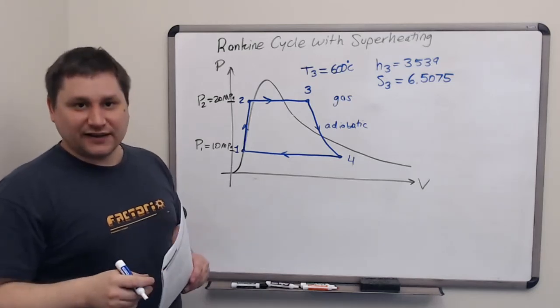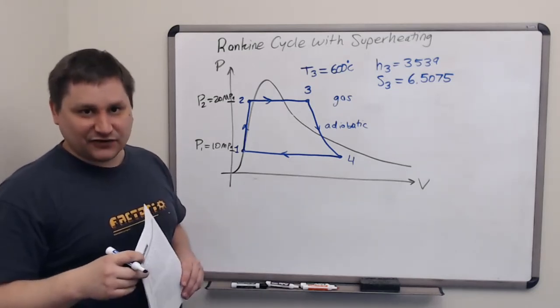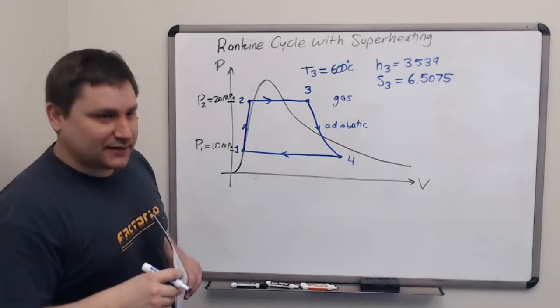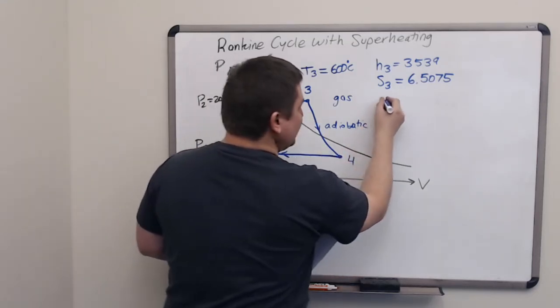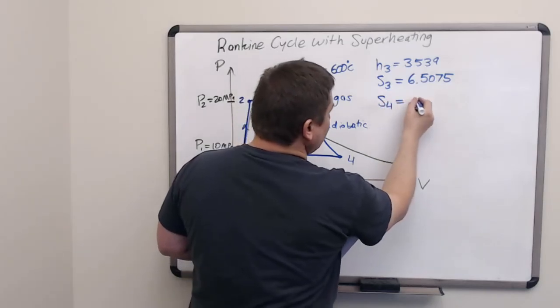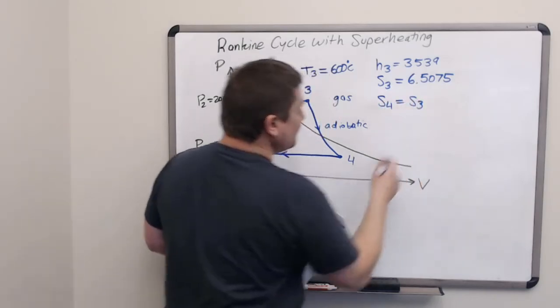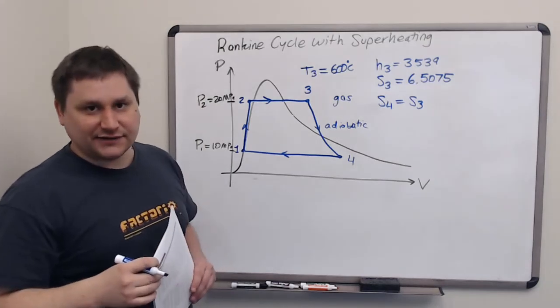This is the only thing that really changes in the analysis of the efficiency and the work output. The step from 3 to 4 is still adiabatic. So S4 and S3 are still the same.